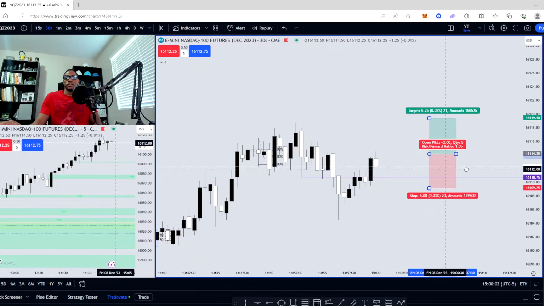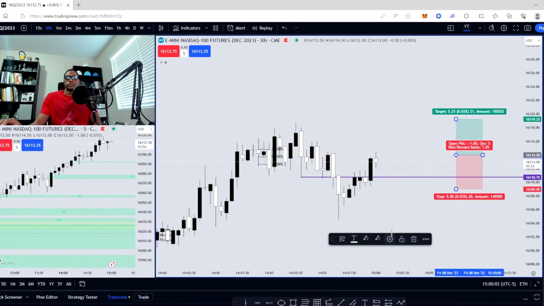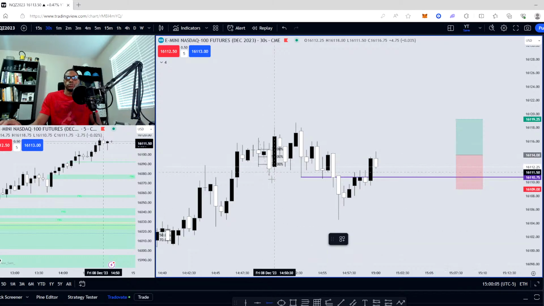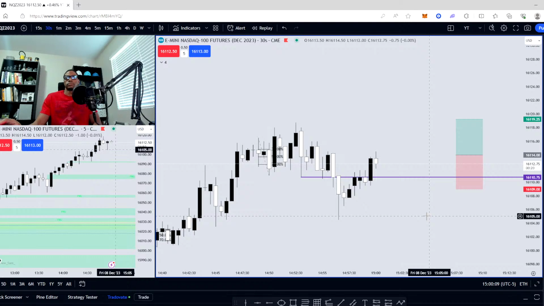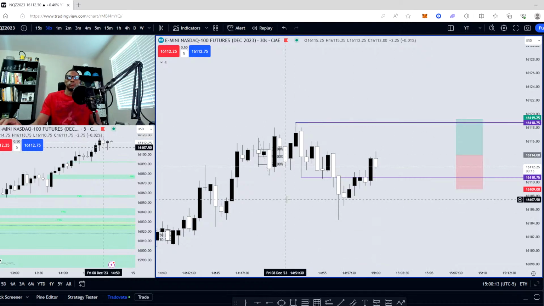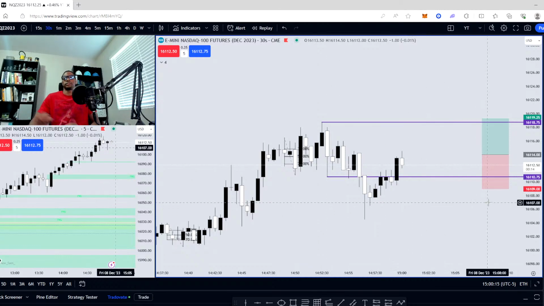Okay, we have had lows taken. I don't know if this was equal lows, relative equal lows. We'll now see if price wants to continue bullish and put in higher prices.